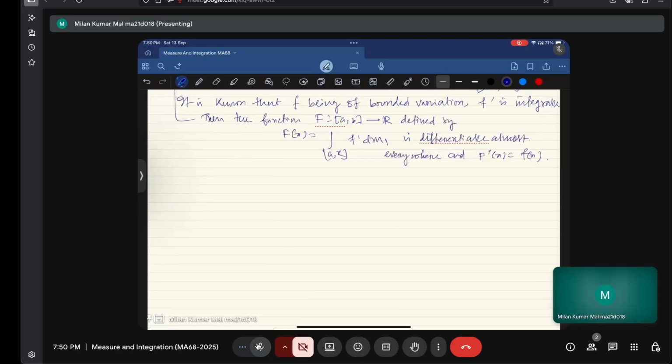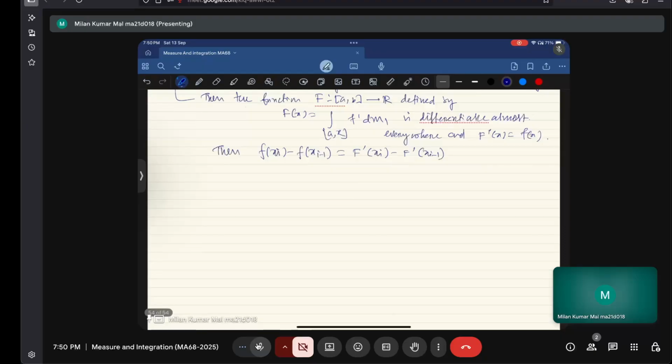Okay, so therefore f of xi minus f of xi minus 1, this is what it is.